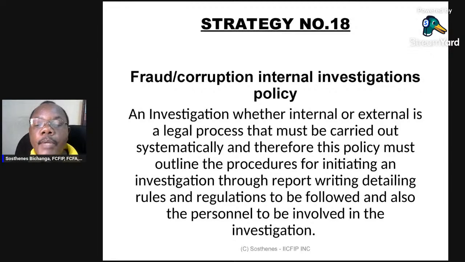B. The particulars, qualifications, and experience of the personnel to be involved in internal investigations. C. Reporting lines. D. How, where, and when to start the investigation. E. Scope of the investigation. F. Report writing.